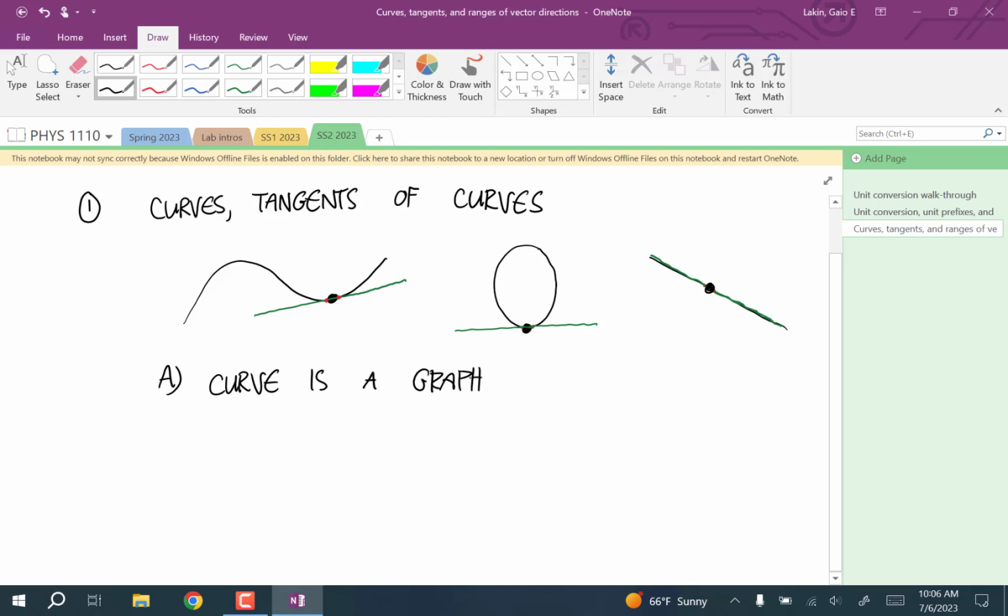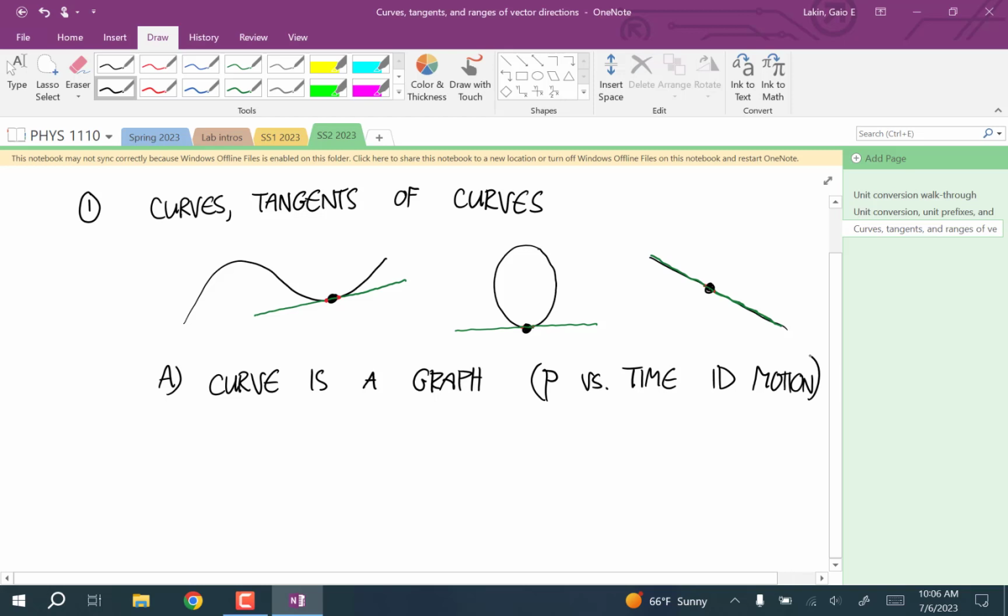And in this class, that graph is going to be a position versus time graph. We haven't talked about what position is or how time relates to it or anything, but for us, it's going to be position versus time graphs for 1D motion. And 1D motion is just motion along a line.